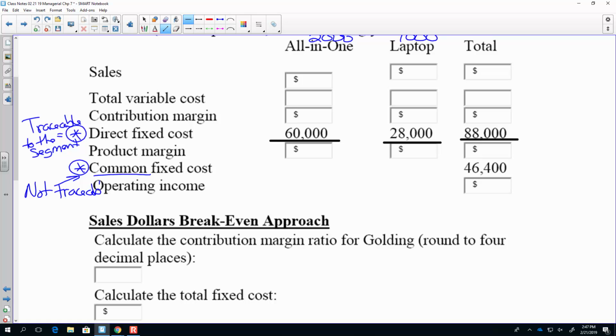And in our definition of common, these are usually corporate fixed costs, not associated with any segment that we can trace the information to. These are traced only to the corporation itself. So again, please know that difference.